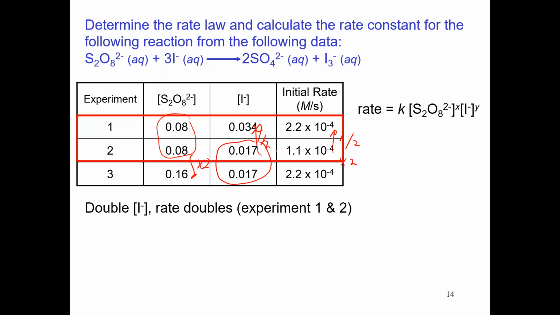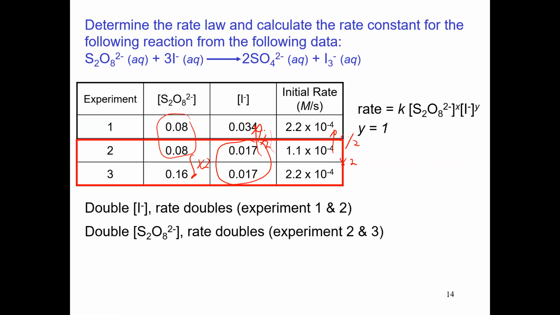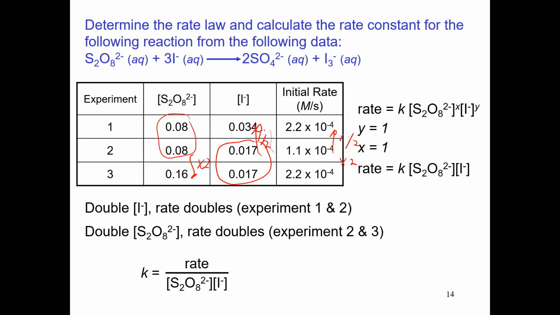See, doubling the I going back this way, double the I going back that way. And if you double the concentration of the S2O8 between experiments 2 and 3, that also doubles. So the orders for each are equal to 1, and the total is going to be equal to this.